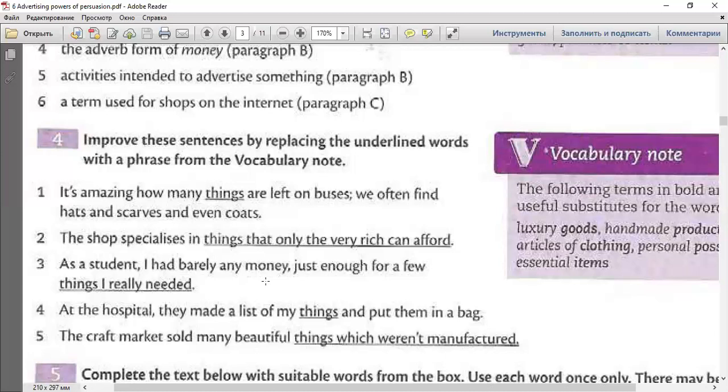At the hospital, they made a list of my personal possessions and put them in a bag. All right. Then number 5. Okay, handmade products. The craft market sold many beautiful handmade products, things which weren't manufactured. So 1, it's articles of clothing, 2, luxury goods, 3, essential items, 4, personal possessions, and 5, handmade products.